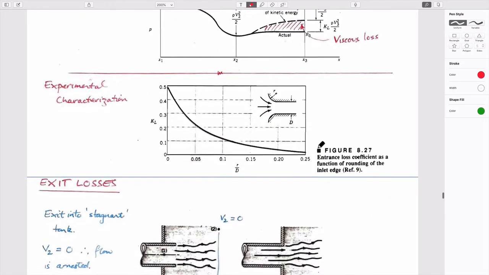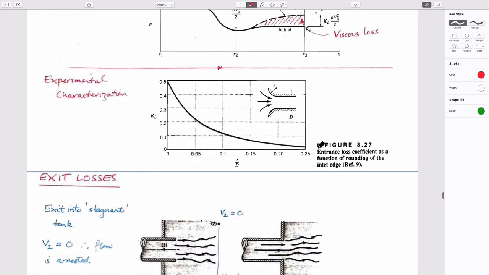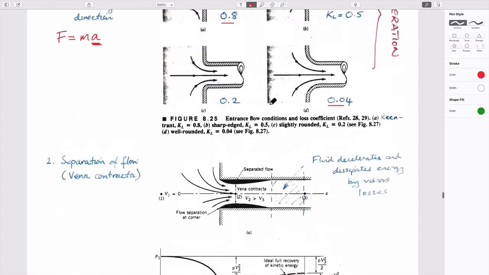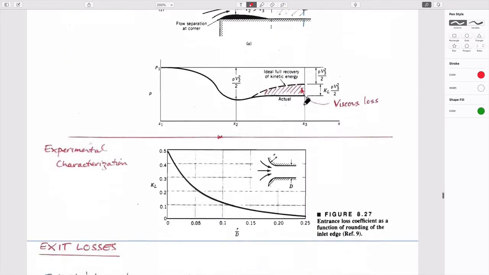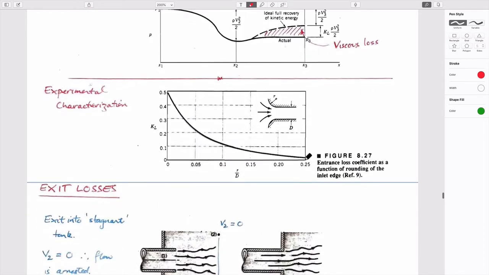You could imagine also that when you change the radius of curvature, which is really what this is doing here, right? If you change the radius of curvature to make this a more gentle acceleration, then you make the loss coefficient progressively smaller and smaller.